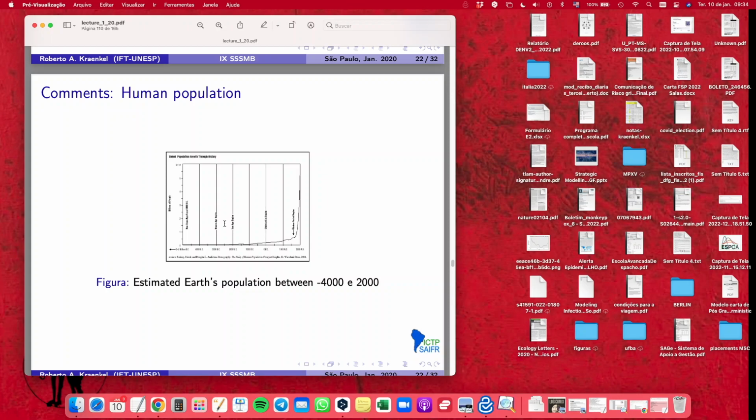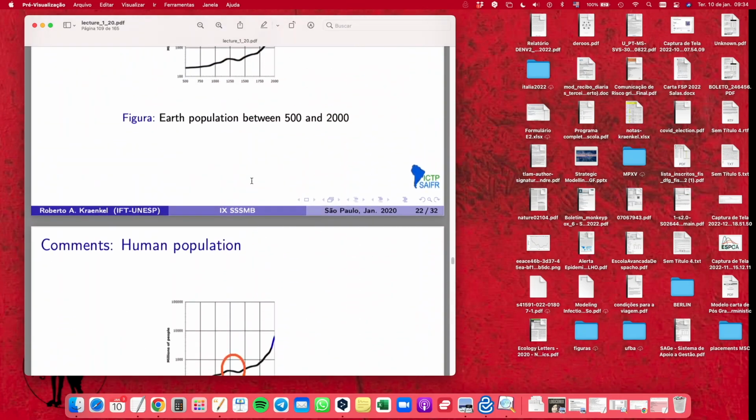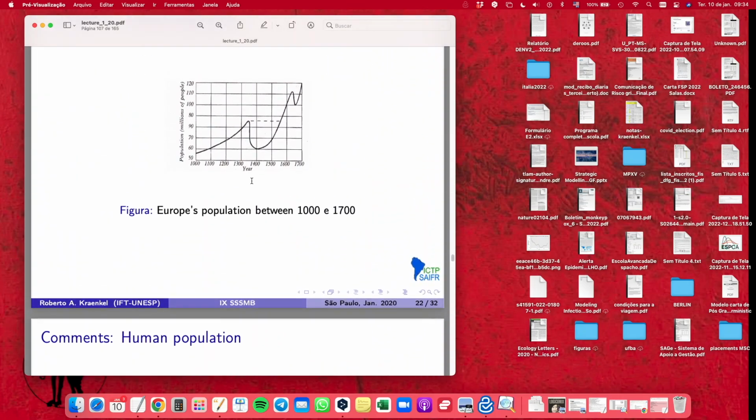Now, if you go for a much shorter time scale, and I don't have it for the population of the Earth, but for the population of Europe, you can have things like that. That's the estimated population of Europe between the year 1000 and the year 1700.